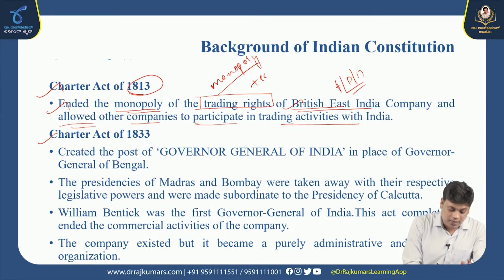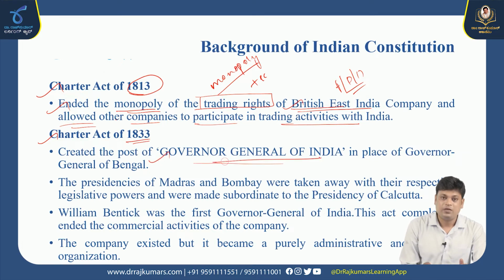Next act, which is known as the Charter Act of 1833. Here the designation changed. The Governor General of Bengal was changed into the Governor General of India. The first Governor General of India was Lord William Bentinck.